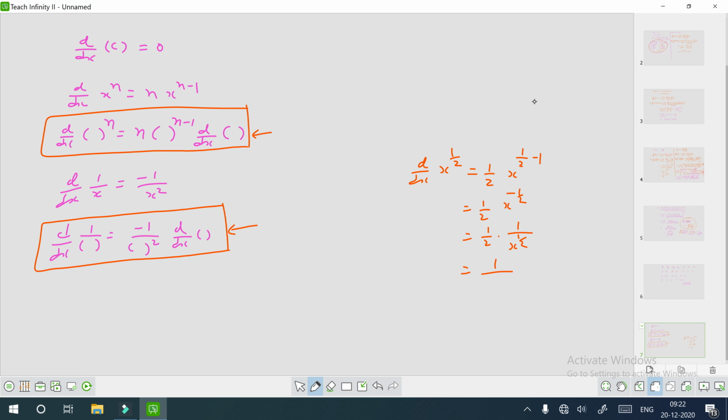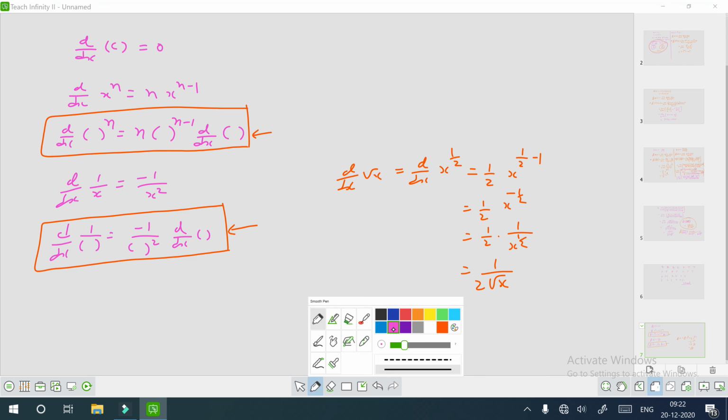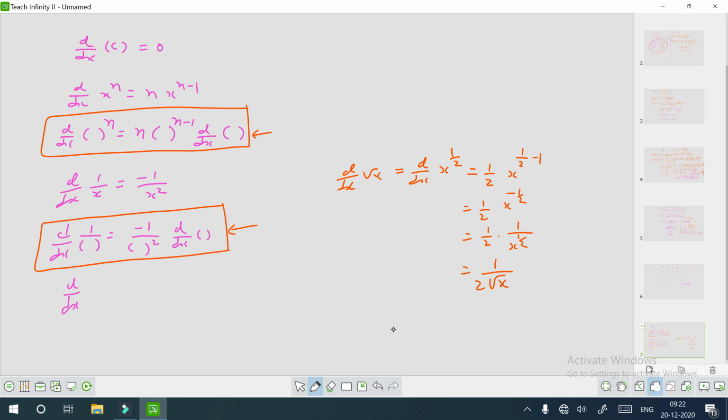So I can write it as 1 upon 2 root x, meaning d by dx of root x is equal to 1 upon 2 root x. This will be used very often, so we write it: d by dx of root of some function is 1 upon 2 root some function, d by dx of some function.